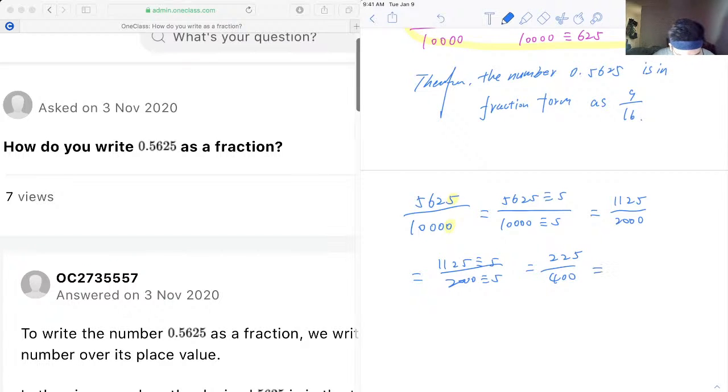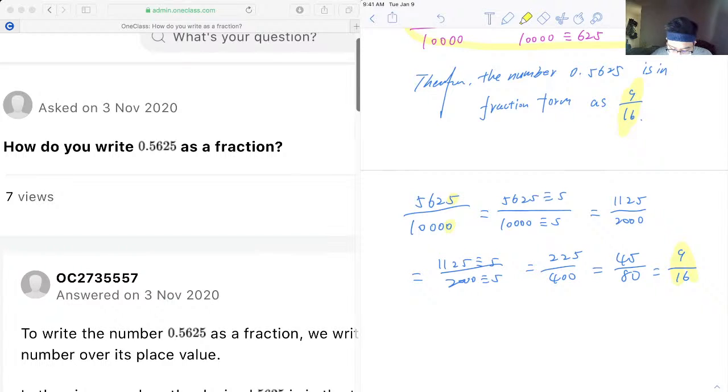And then we divide by 5 again. That will give us 45 over 80. And then we divide by 5 again. It's going to be 9 over 16. Okay, and that's what we have for the answer. And you stop dividing when there are no common factors for numerator and denominator.